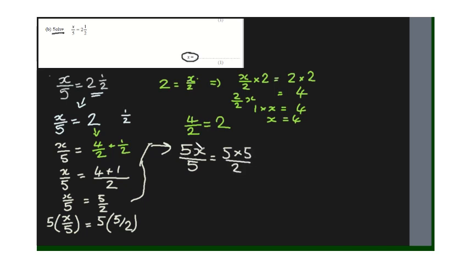This 5 here cancels, cancel, cancel, leaving us just with x on this side. 5 times 5 on the top, 25 divided by 2. Now, the quick amongst us will know what that is, but if you're struggling and you're not allowed a calculator, we probably might have to go over here into a little side note saying what 25 divided by 2 is.